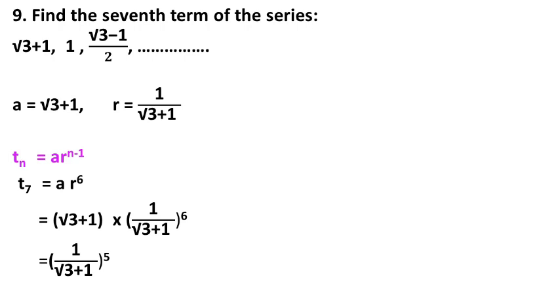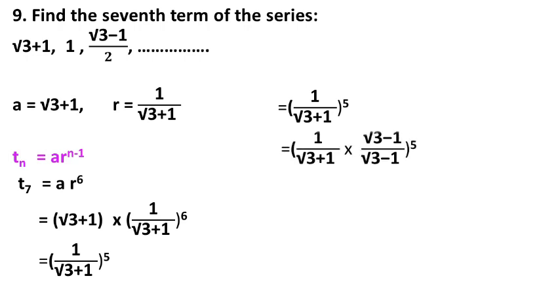As it is clearly said in our syllabus, if it is in the surd form, we need to rationalize the denominator. That is what you have learnt in class 9 also. The rationalizing factor of root 3 plus 1 will be equal to root 3 minus 1. So multiply and divide by root 3 minus 1. In the numerator, 1 into root 3 minus 1 will be equal to root 3 minus 1, and in the denominator it is in the form of a plus b into a minus b, that is root 3 plus 1 into root 3 minus 1.